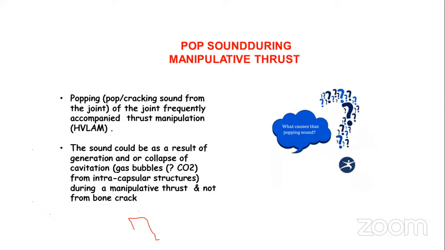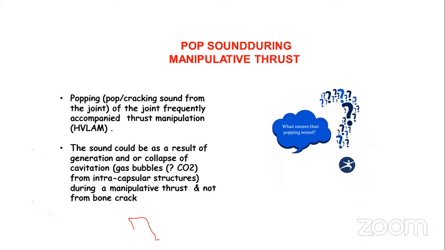Now, what is actually responsible? When I was trying to describe the manipulation to you, I said the therapist will have to lock the joints, isn't it? When you lock the joint like that, and many of these joints are synovial joints, they have synovial fluid and they have gas dissolved inside that synovial fluid. By the time you lock the joint, you increase the pressure on the fluid.